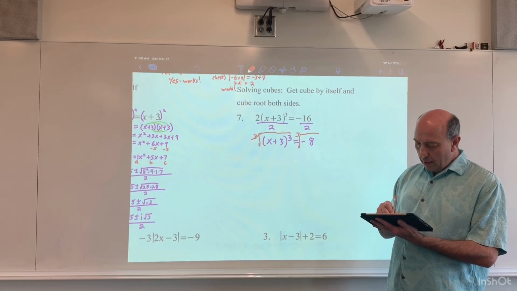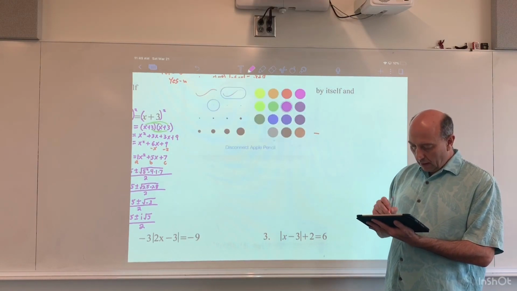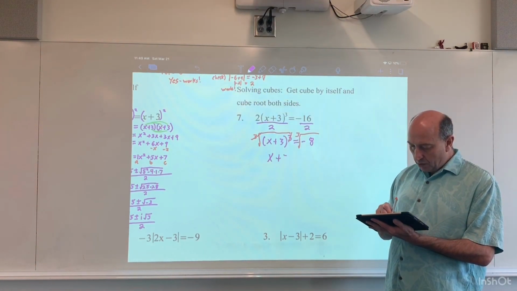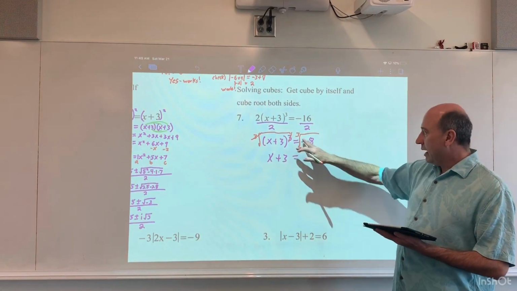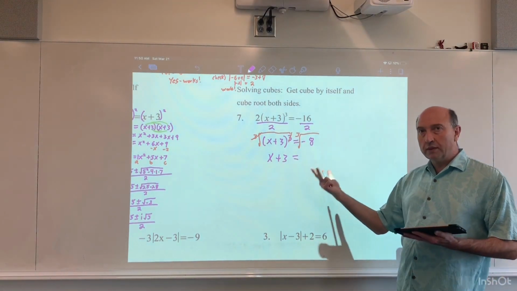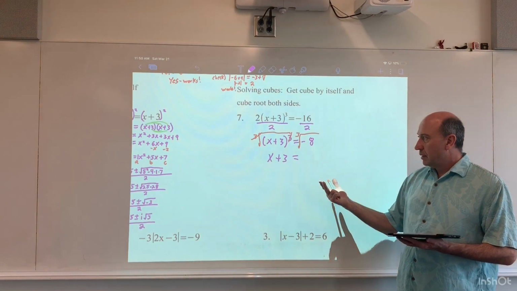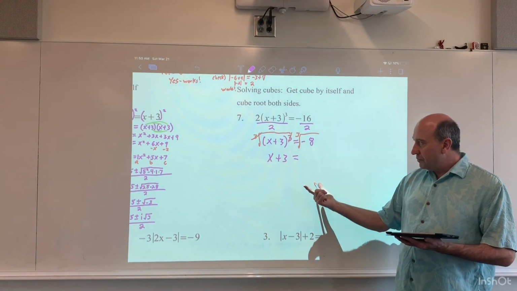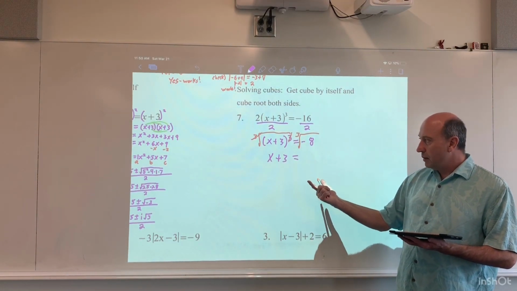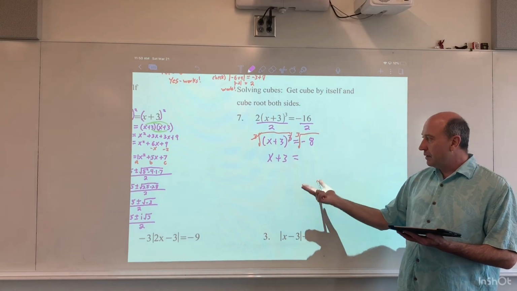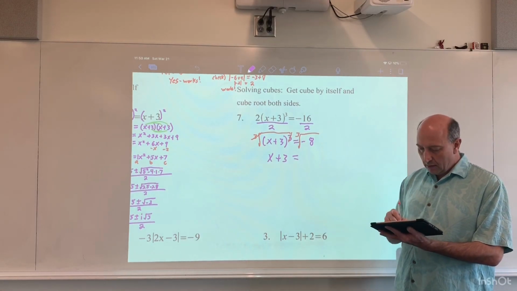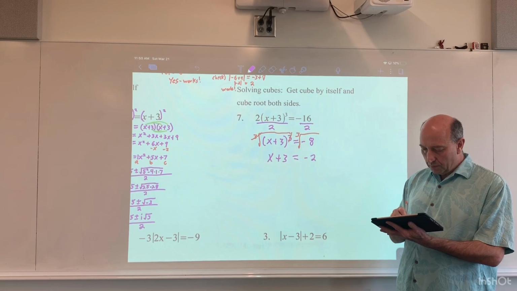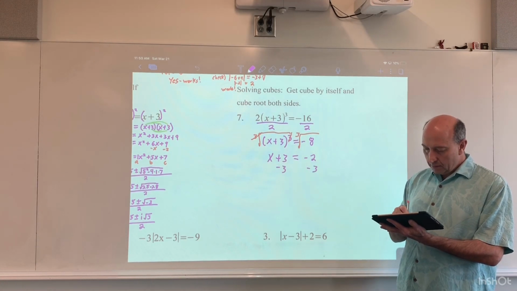So the cube root and the cube cancel, and I'm left with x plus 3 equals... Now, the cube root of negative 8, what times what is negative 8? So negative 2 times negative 2 is positive 4. Positive 4 times negative 2 is negative 8. So that's negative 2. Subtract 3, and you get negative 5.